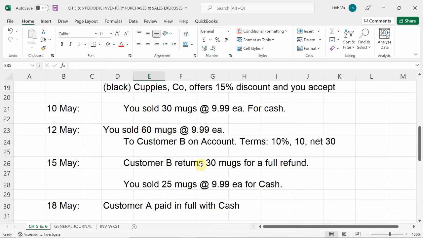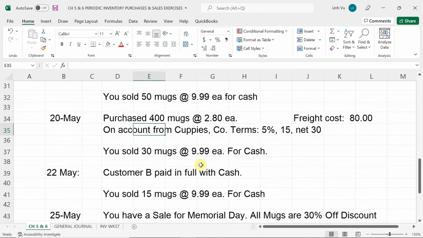We gave customer B terms, 10% discount if he pays within 10 days. So, upon his purchase, he has 10 days to make the discount. In this case, he decides to pay on the 22nd of May. So did he make the discount or did he miss it?